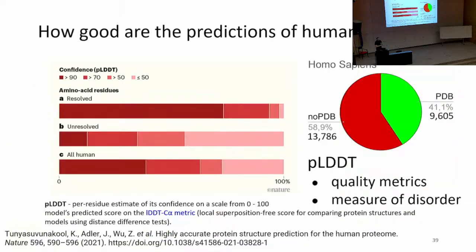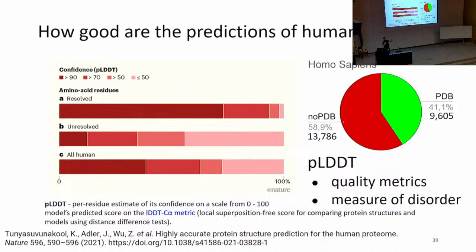And if we look into the pLDDT value over the human proteome, in resolved structures it's almost all quite nice, and there is only a limited amount of amino acids with low pLDDT, while in unresolved, the majority was with low pLDDT.